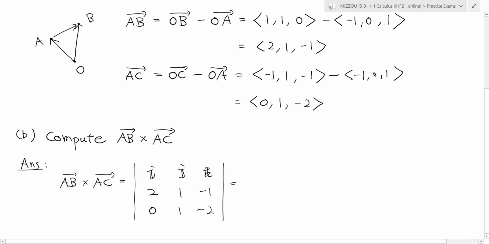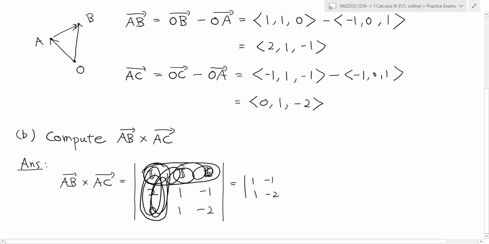And that is equal to, for the first component, look at I and then eliminate all those, 1, negative 1, 1, negative 2, I. Then the middle one is minus.